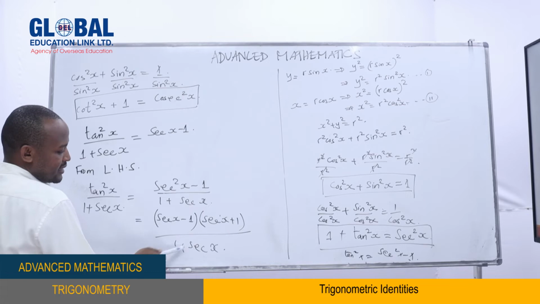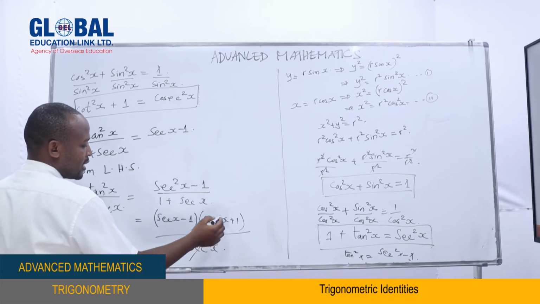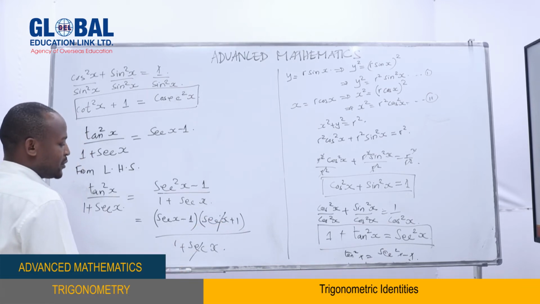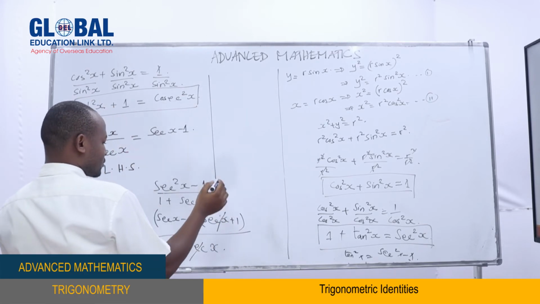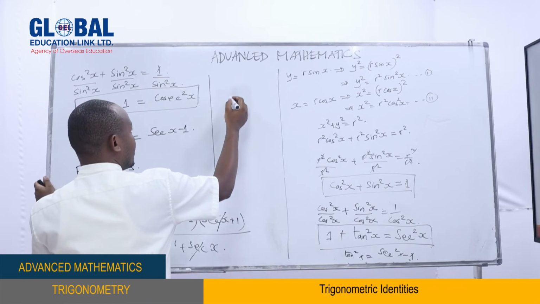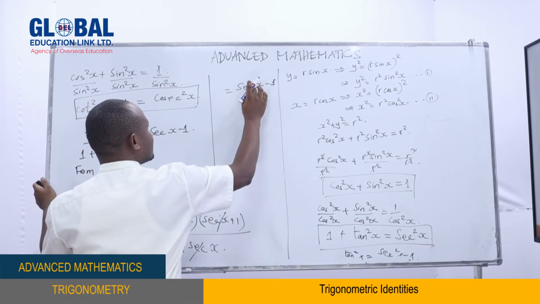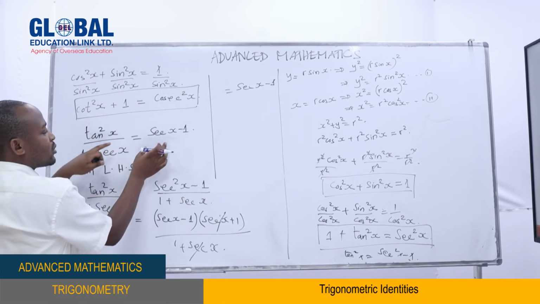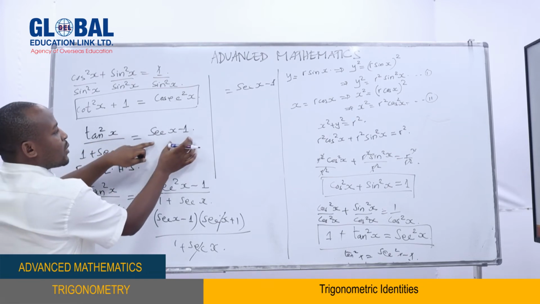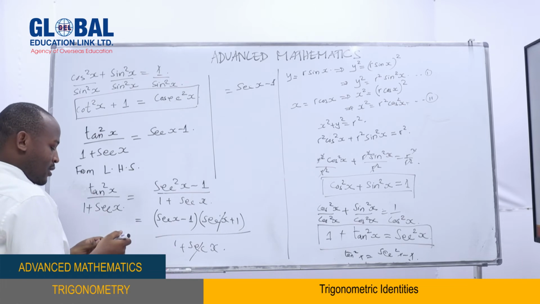As you can see there, this and that one are equal. That means this and that can go. And what are we left with? We are left with sec x minus 1. As you can see there, we were told to prove this one is equal to that one, and as you can see, we have reached the destination.